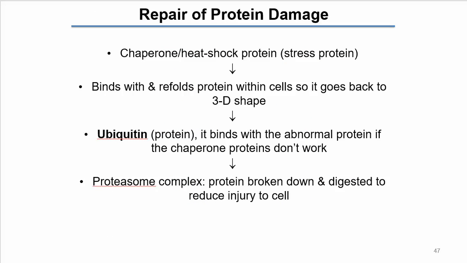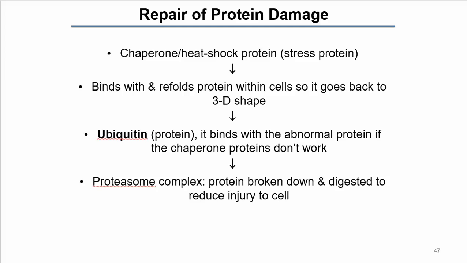Okay, another important injury, and we're almost to the end here, an important injury to cells are proteins. Now, proteins, in order to function properly, need to be folded correctly. They need to have their tertiary structures in a very specific way.